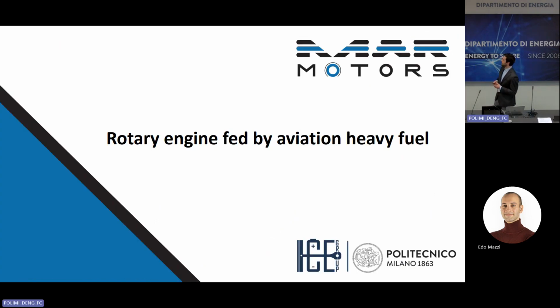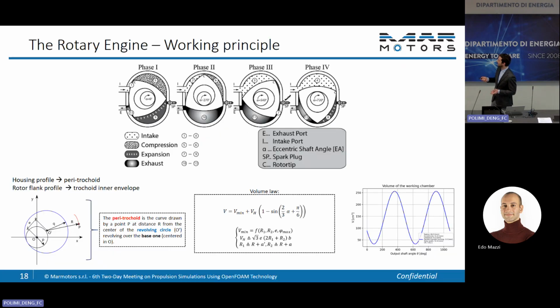And so this is the second case, a really interesting one, about a rotary engine that is fed by a heavy fuel and is used to build this drone. First of all, a quick overview of the functioning of a rotary engine.